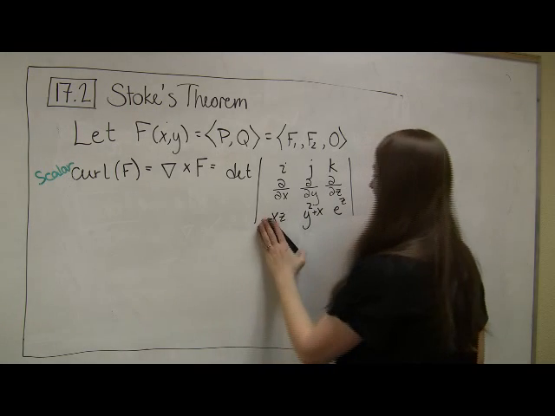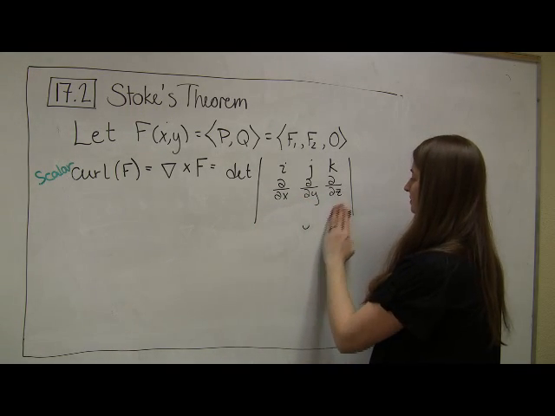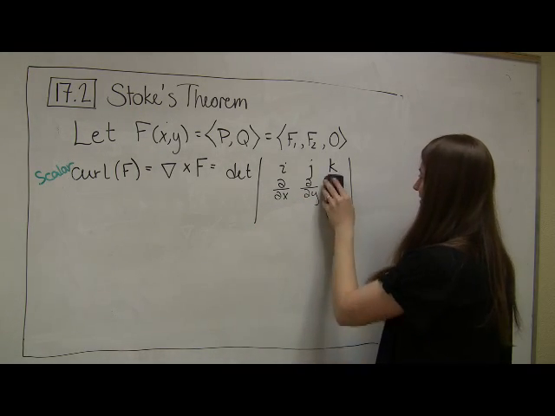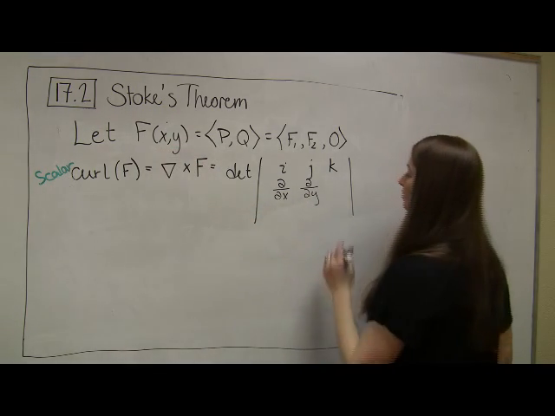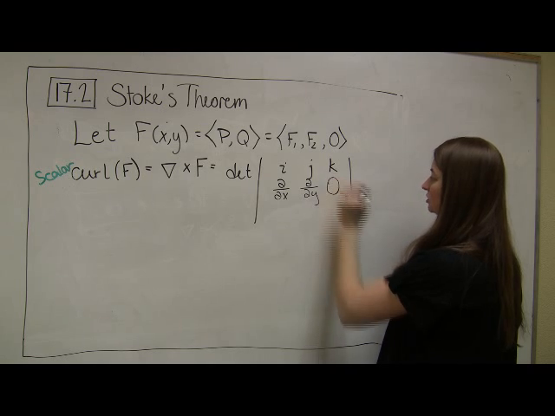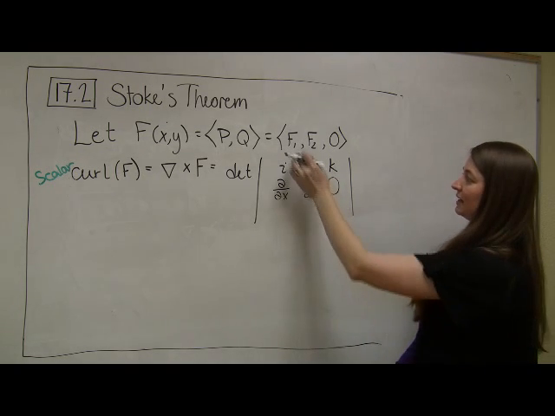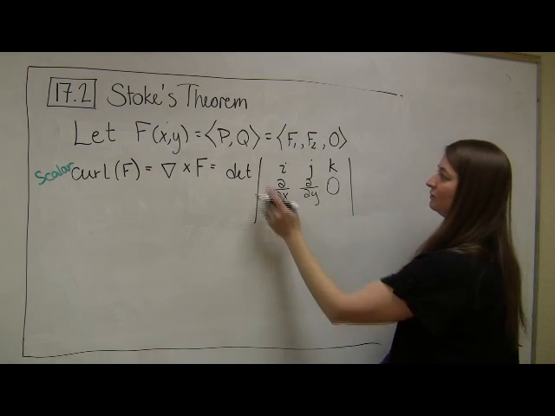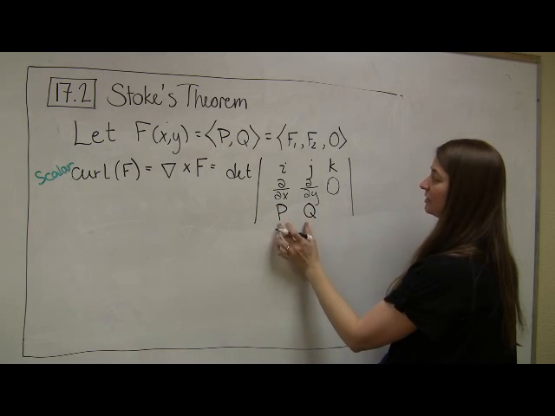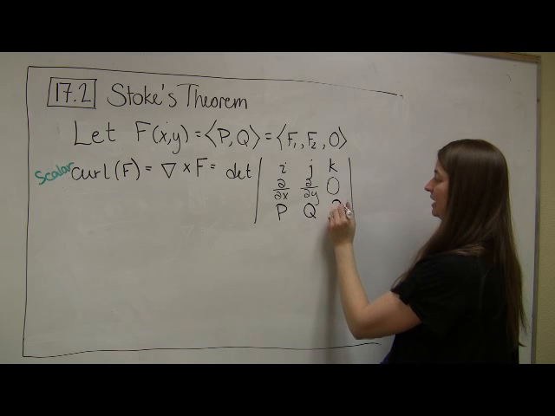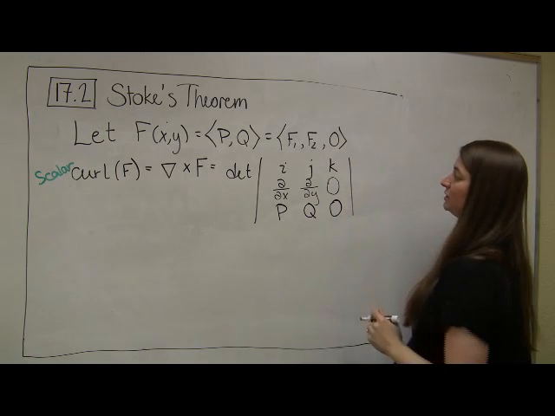The only difference is that because this is a function of just x and y, my z's are just 0. And my first component function and my second component function, I could still call p and q, because that's going to align with our scalar curl notation that we saw before. And our third component is just equal to 0.